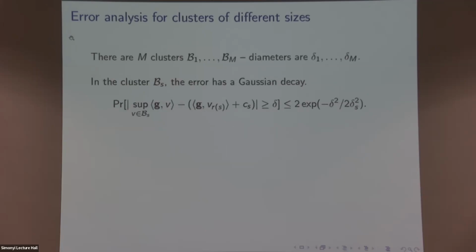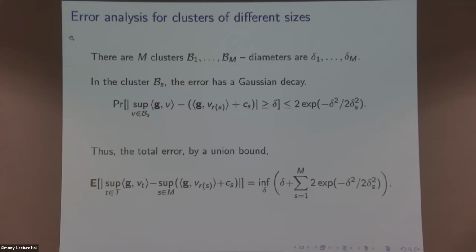Why is it useful? I've just written that in each cluster, the error is more than any delta of our choice with probability at most 2e to the minus delta square over delta square. And simply applying a union bound, for any delta of your choice, the total expected error would be delta plus the sum of all these error probabilities.